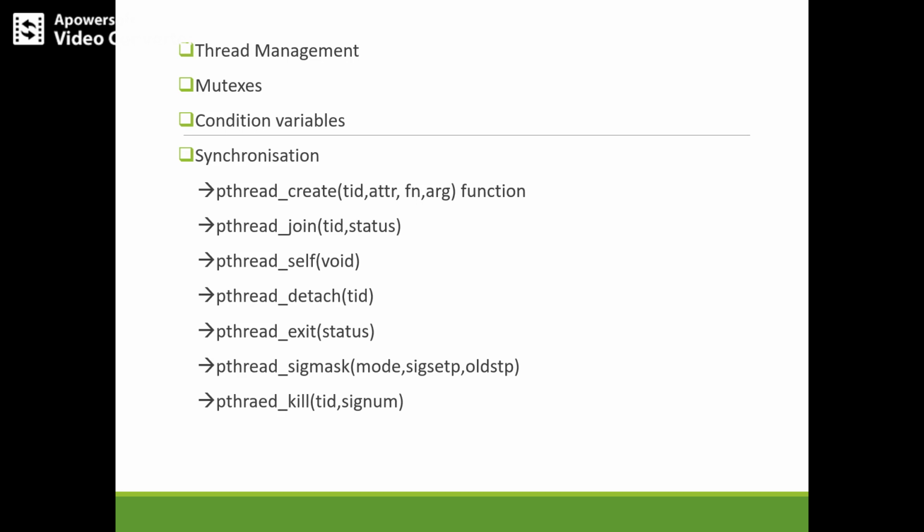In the signal mask we have parameters like the mode, the set value and also the old set value, and the values for this mode argument are specified in the signal.h header. And the pthread_kill function sends a signal as specified in the signum argument.